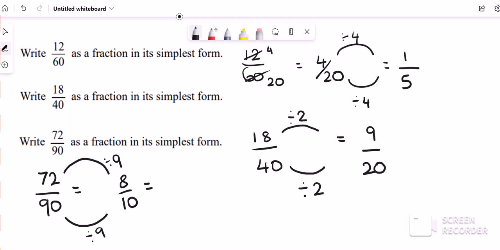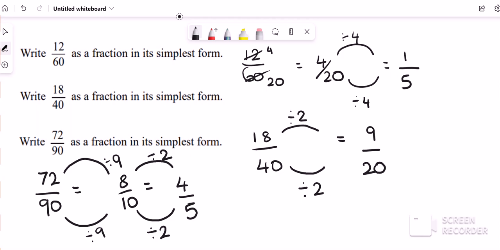I also know that I can keep dividing 8 over 10, and this time I can use 2. That's 4, and 10 divided by 2 is equal to 5. So that's my simplest form.